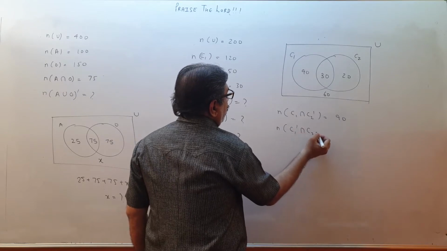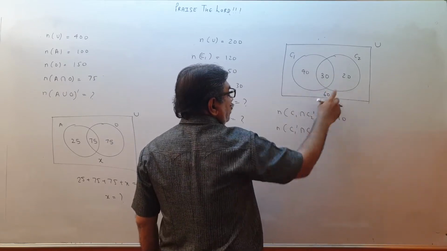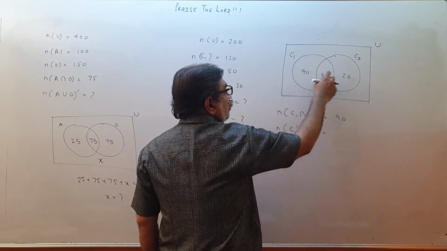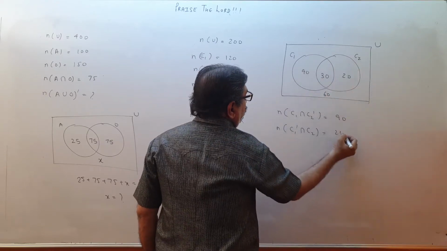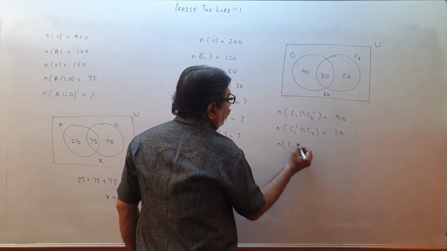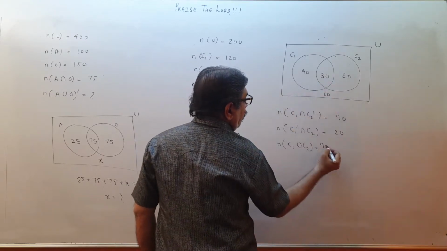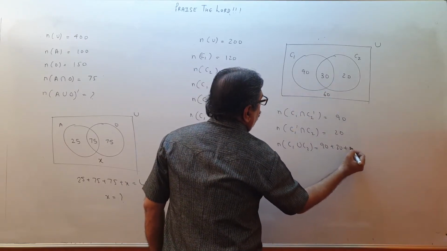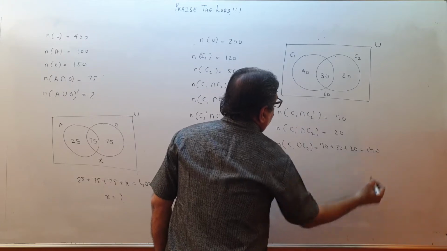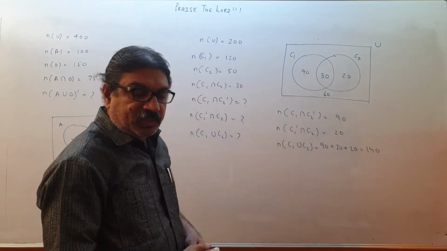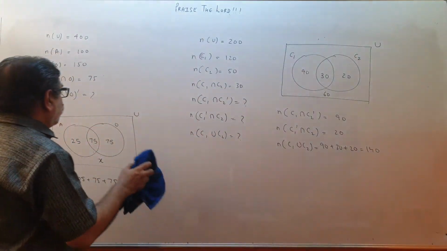Not C1 and C2, so that is this. We want C2 but we don't want C1, so only C2 means that is 20. And n(C1 union C2) is 90 plus 30 plus 20, that is 140. Okay. Please pause and copy.